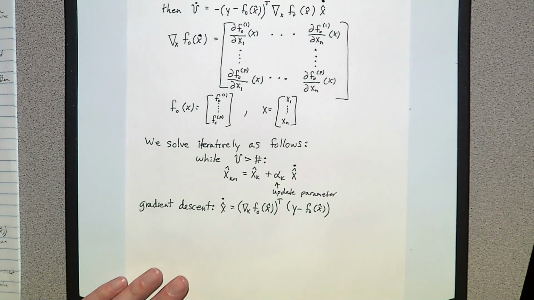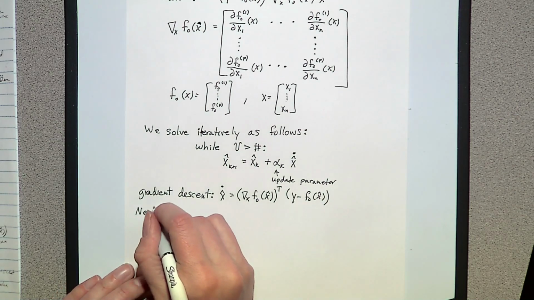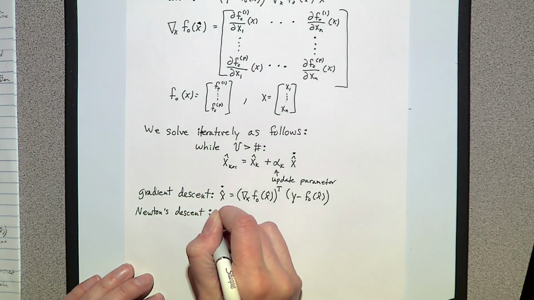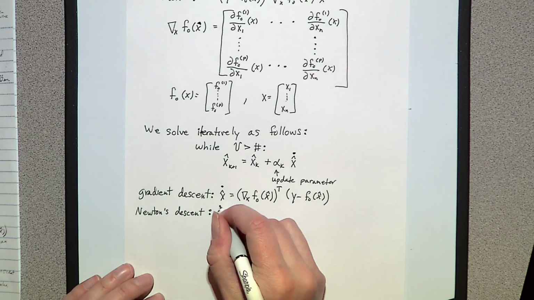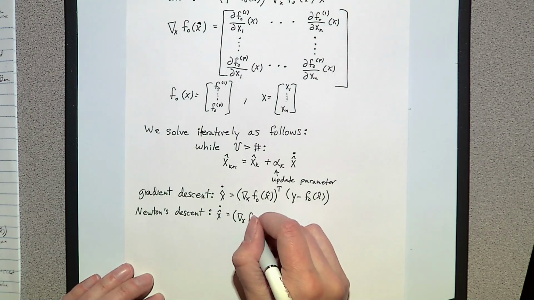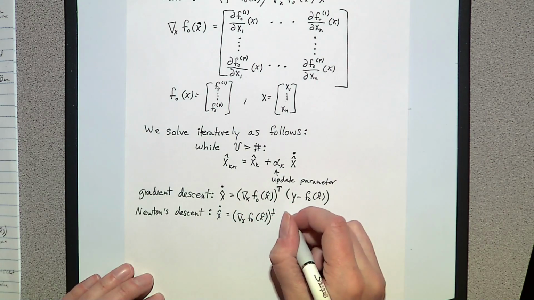We have Newton's descent, which is very similar to the gradient descent, but instead we use the pseudo-inverse instead of the transpose.